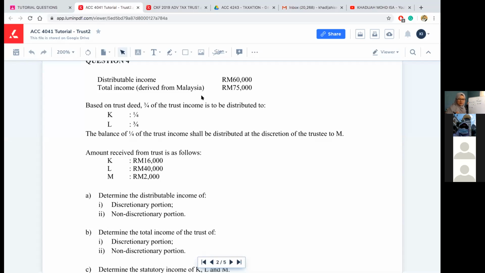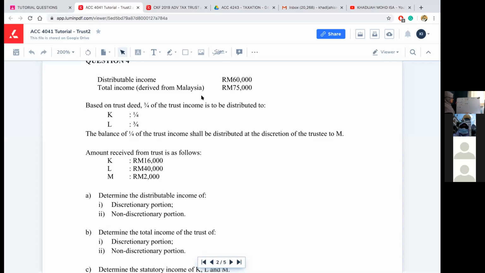Okay, let's do it this way, moving up a little. If using Excel it would be easy. Total income 75,000, distributable income 60,000. Now 3/4 is 56,250.